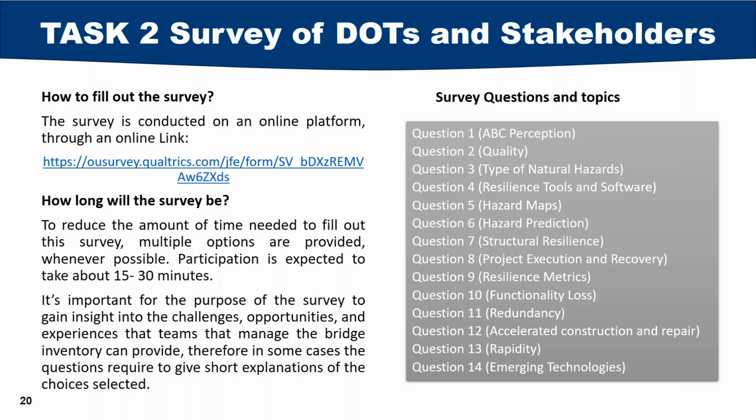They could select in terms of choices like significantly positive or only positive, no impact, negative, or significantly negative. By providing this type of option, we thought that it will encourage the participants to take the survey, and we hope to have good outcome, good participation across the country.